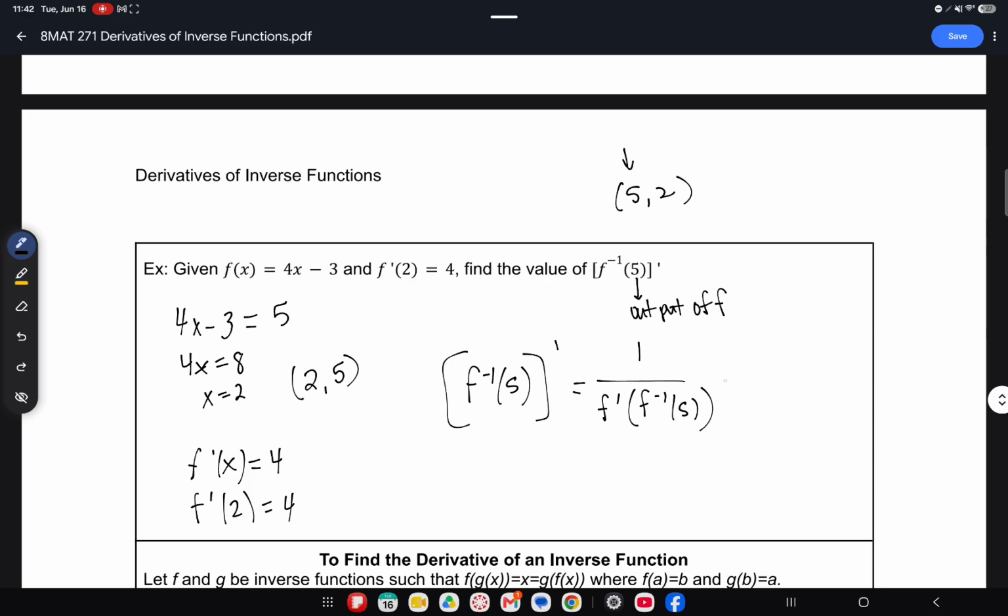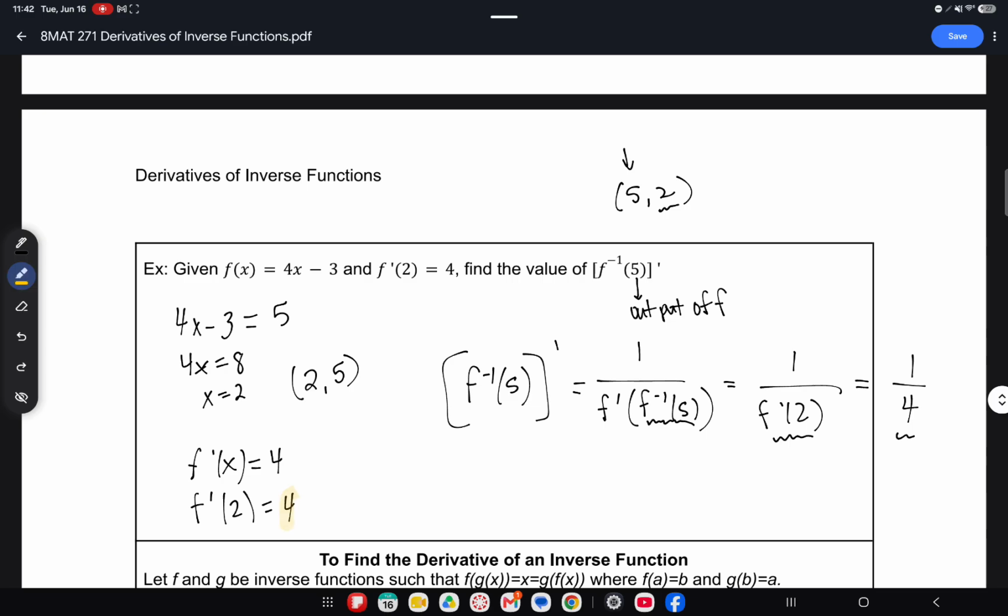So we know that our derivative at 2 is 4. We are just substituting in our value: the inverse at 5 is 2, and then the derivative at 2 is 4.